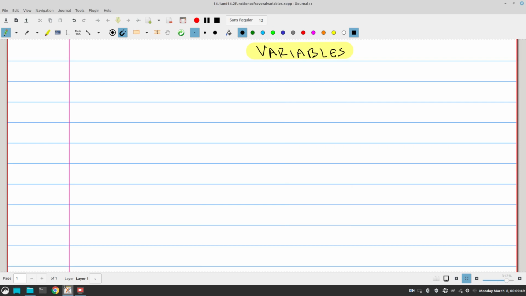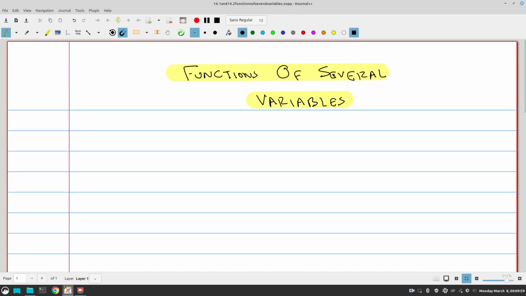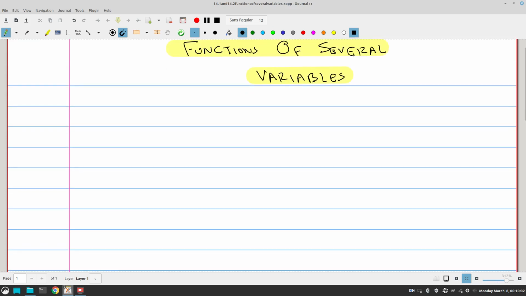So far in your single variable calculus courses and in this course, you've only seen functions of single variables. In single variable calculus, for example, you've seen functions that take some subset of the reals as an input. You take D, a subset of R, and have a function that goes from D to the reals.